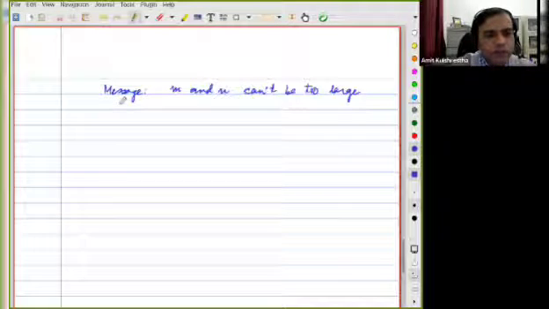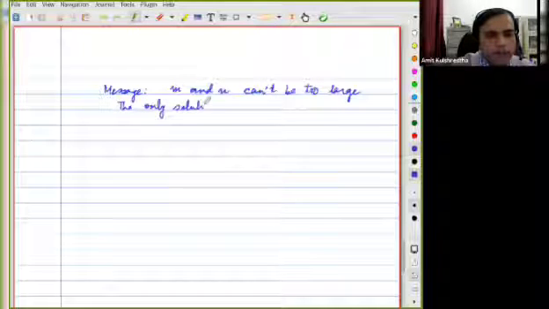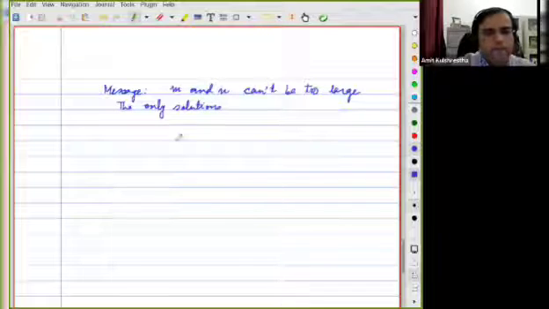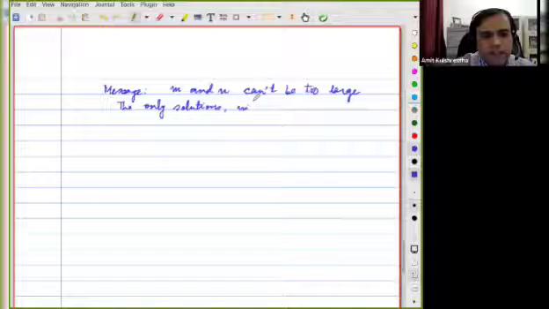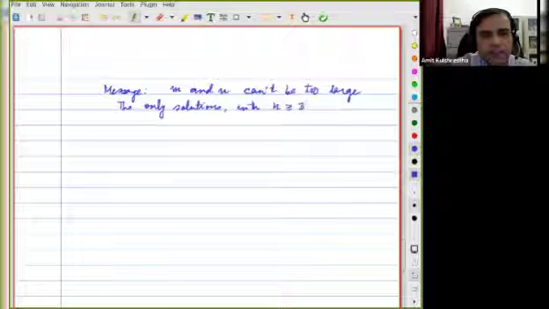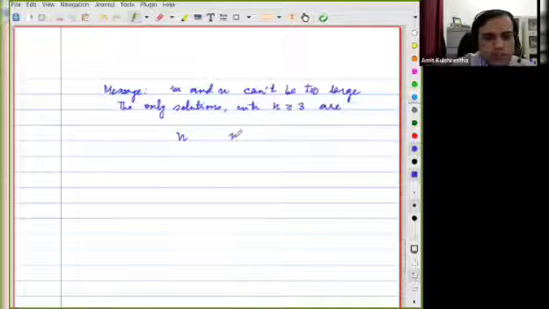In fact, the only solutions, and of course I'm talking about n-gons with n greater than or equal to 3, are, what are the only solutions? And I'm just writing those solutions.